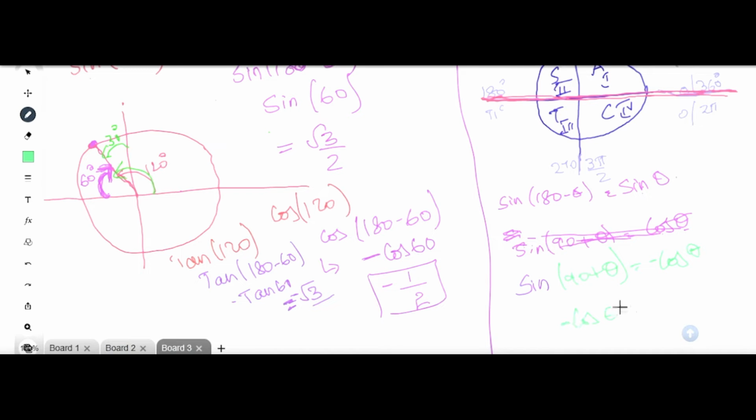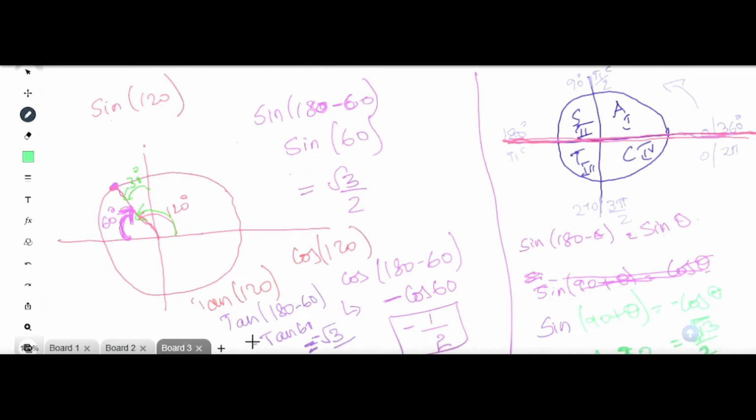It becomes minus cos 60, minus of minus is plus, and then you get cos 30 itself. Negative and negative becomes positive, and you get the answer as root 3 over 2. Sine (90 plus 30) becomes negative cos 30, and negative of negative cos 30 is positive, root 3 over 2. Okay, fine.